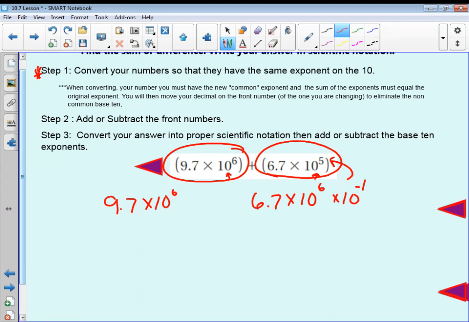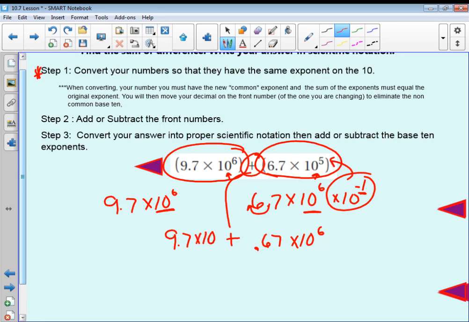So now, to get rid of this part, because I want to keep the same exponent, I'm going to have to move my decimal -1 place. This now becomes 0.67 times 10 to the 6. And I have a plus sign up here that I need to remember to bring down. And 9.7 times 10 to the 6.